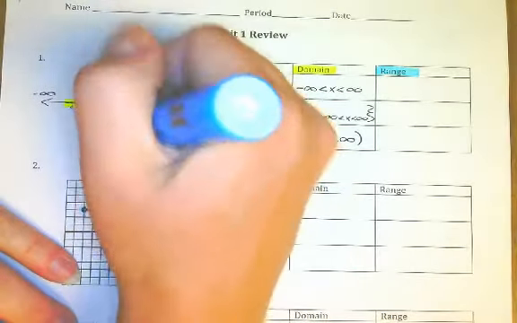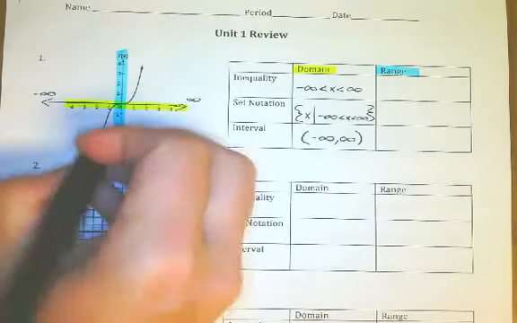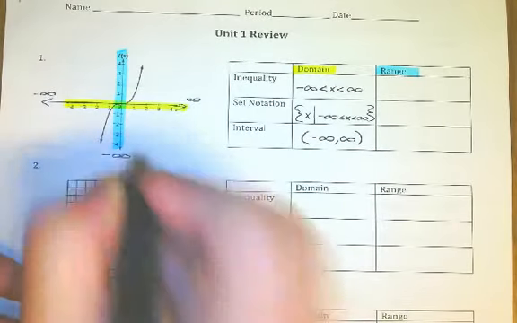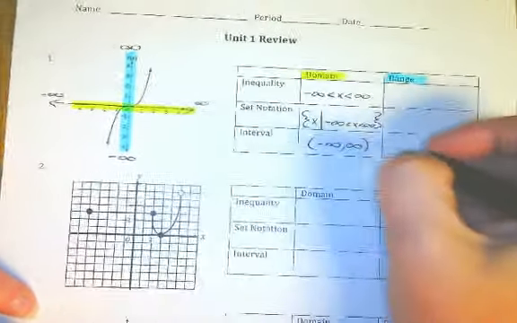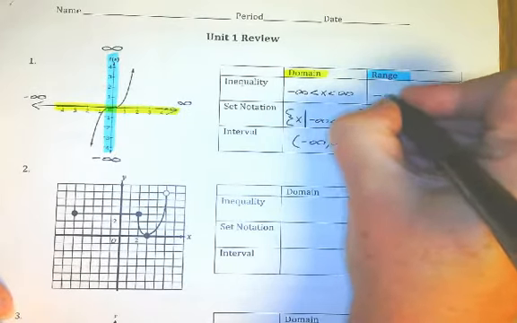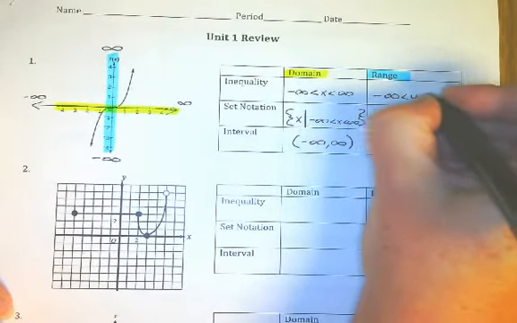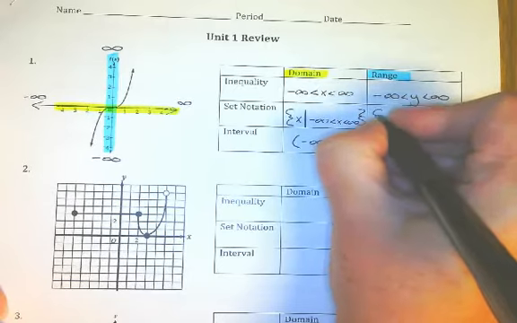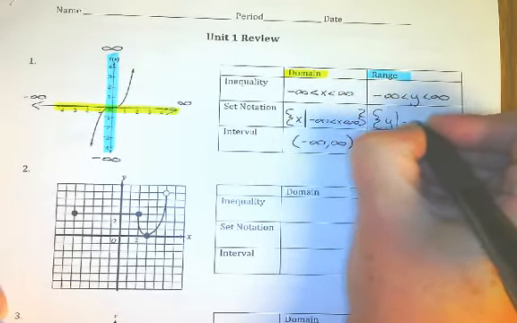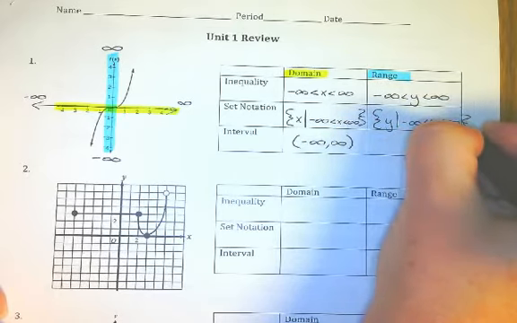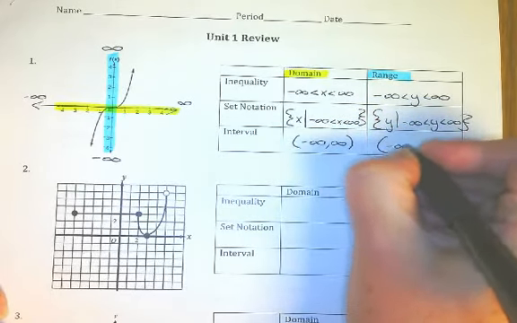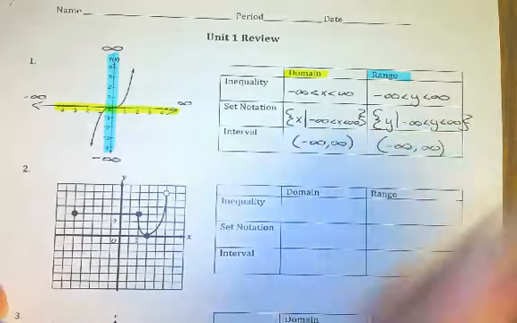Now for range, that's all about low to high. If you take a look at this, you can tell this arrow will forever go down, which means that this arrow here will forever go up. So the range here is going to be the same thing, except I'm going to use a y this time because it's range. And again, I'm still going to use parentheses because you never use brackets on it.